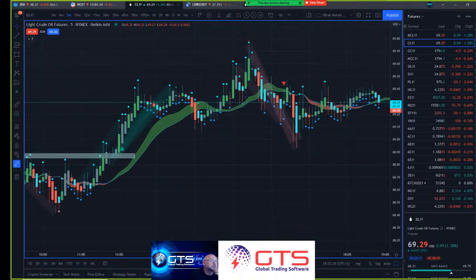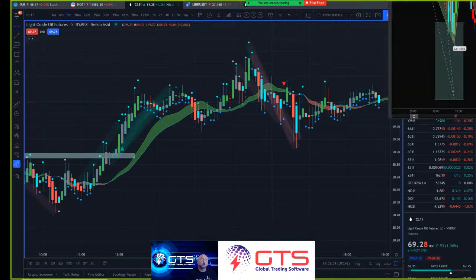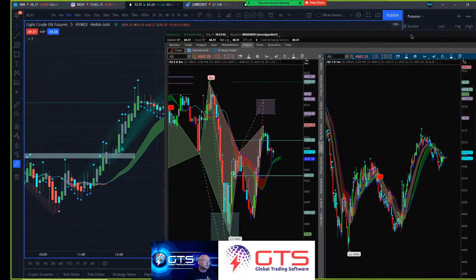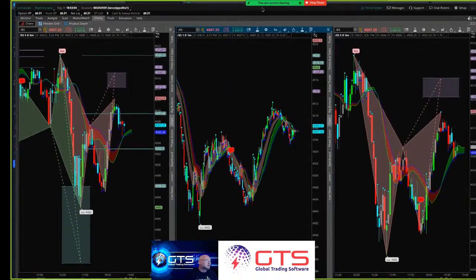So I just wanted to show you a little bit on the harmonics with this. One of our users is actually using harmonics on the 1 minute time frame, and I thought that was a bit crazy, but I've been monitoring it over the week, and it's pretty freaking crazy. Obviously with TradingView, we can have alerts and set those alerts up.